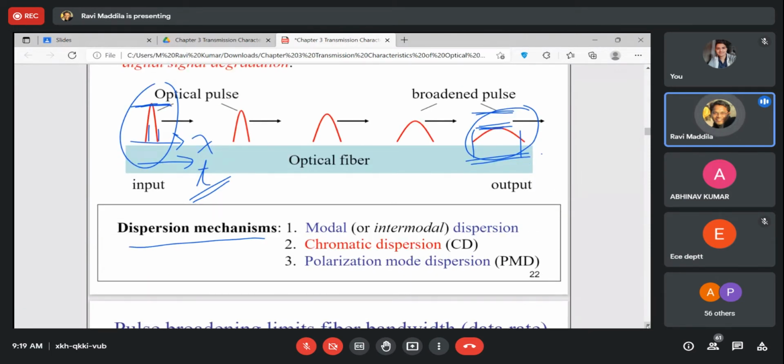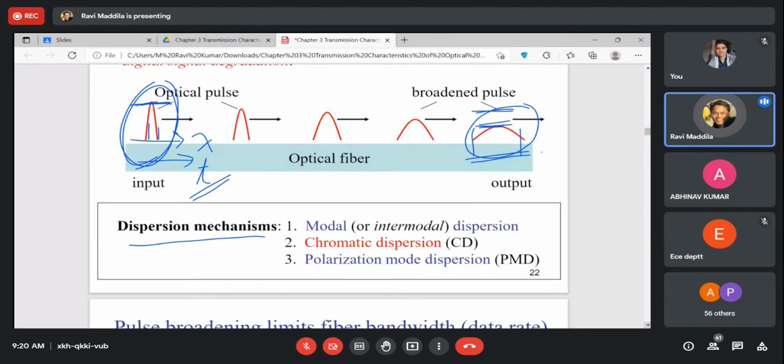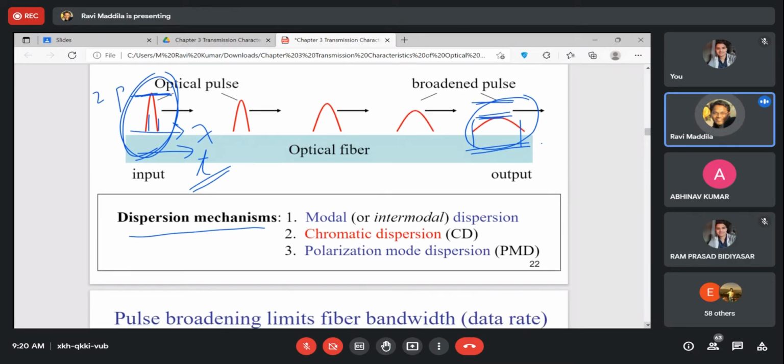So in polarization mode dispersion, it's likely that the polarization of the optical pulse, here we see an optical pulse, may have a certain polarization, or it may be a mixture of some polarizations. In polarization mode dispersion, the optical fiber need not maintain the polarization of the optical pulse. Let's consider a simplistic case that the input optical pulse has two polarizations.